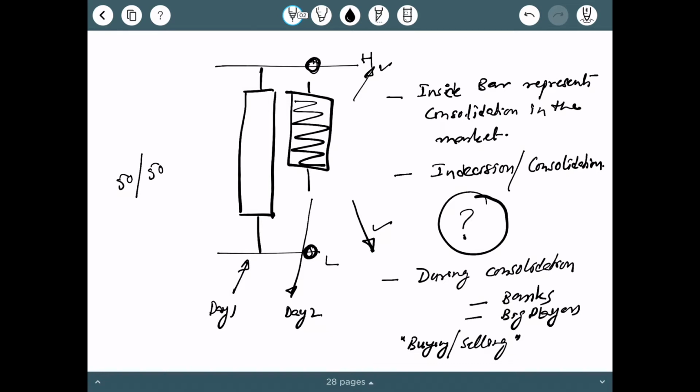The big players have already, let's say, bought or sold $1 billion worth of pairs in 2 or 3 days. Then the big players want to sell it, and the small players, or 50% of the people in the market, bought it.